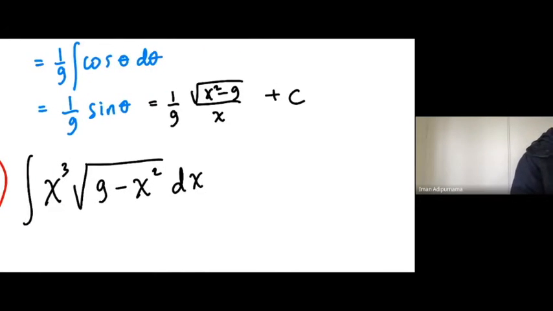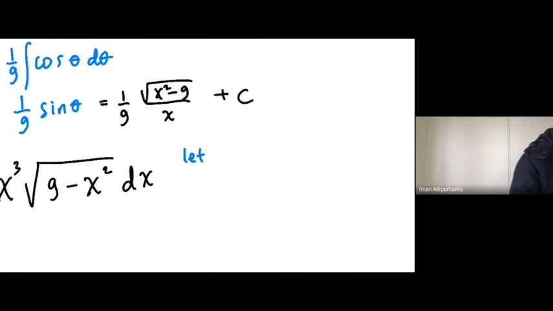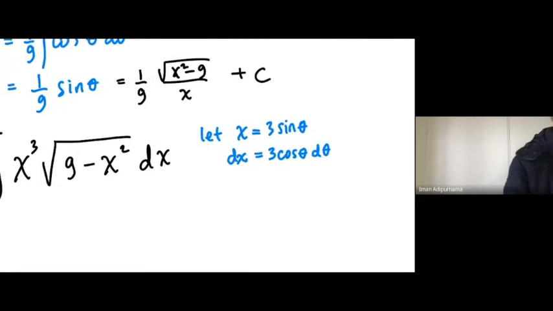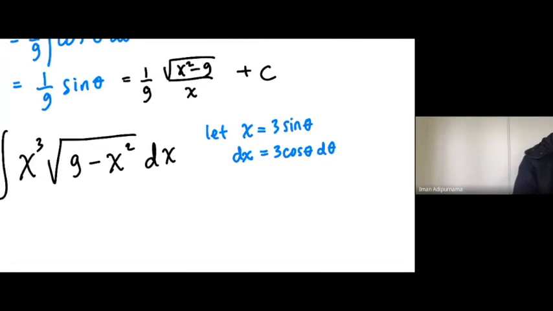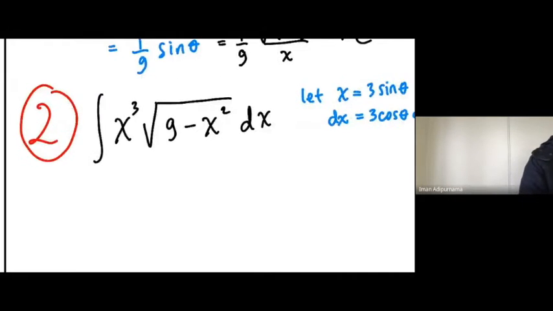So we can choose, let x be equal to, let me just use sine, okay? Because when I differentiate, it's positive. And then we need to change everything with 3 sine theta.